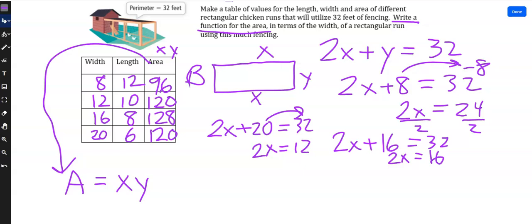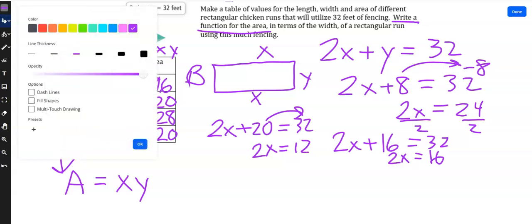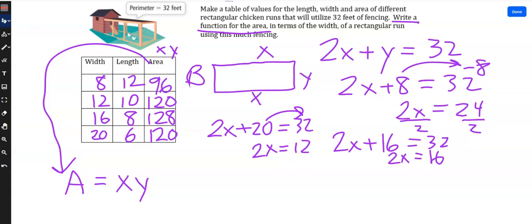Now, we could solve that equation for, let's see, what do we want to solve for? Let's solve it for x. Is that what we want to do? Yeah, we do want to solve it for x, because we called width y and length x.